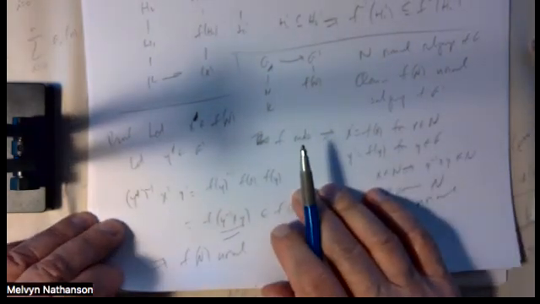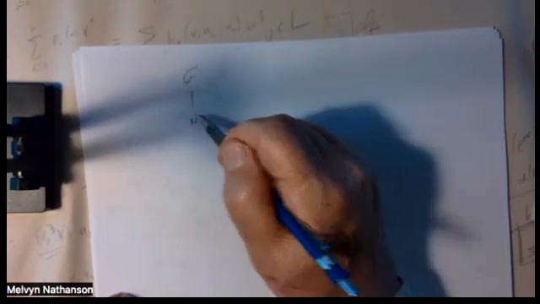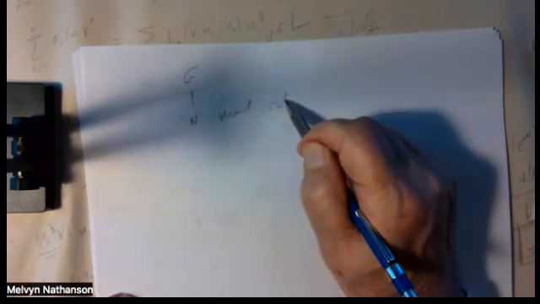So F of N is normal. I take any element in F of N and I conjugate it by any element in G prime, I get another element in F of N. And for completeness, my own satisfaction mathematically, let me prove similarly that if I have N prime, a normal subgroup of G prime, and I pull it back, I look at F inverse of N prime, call that N, which contains the kernel.